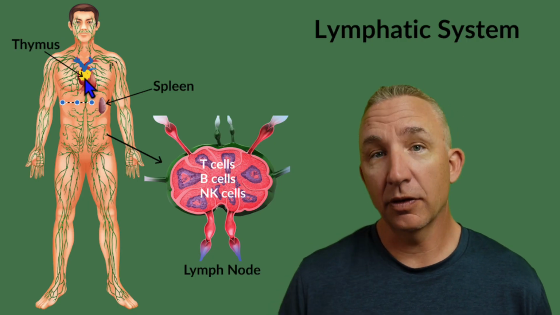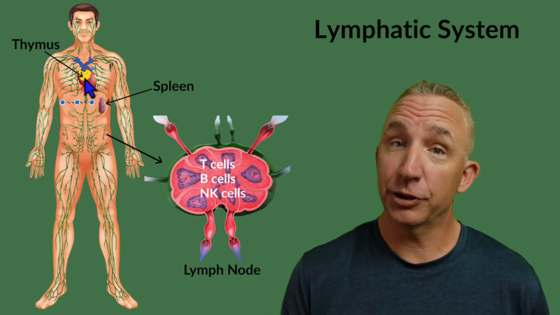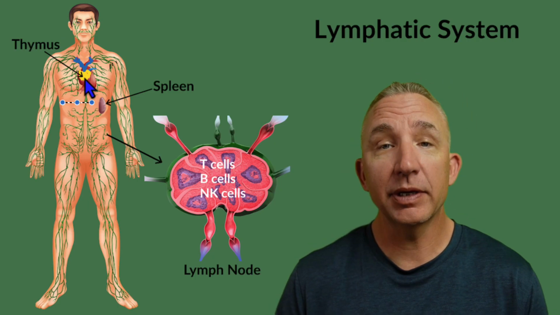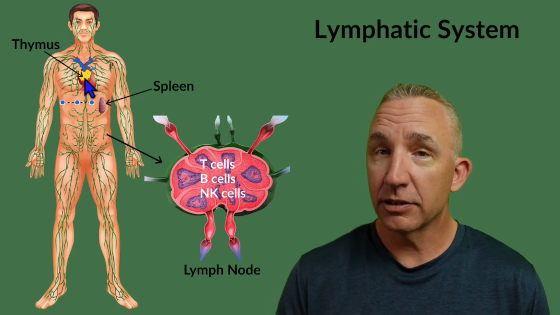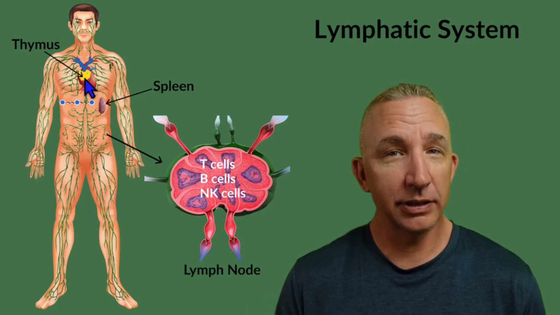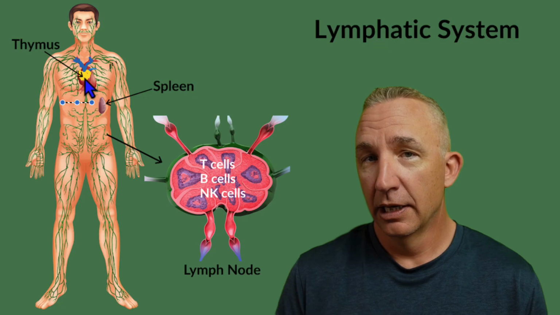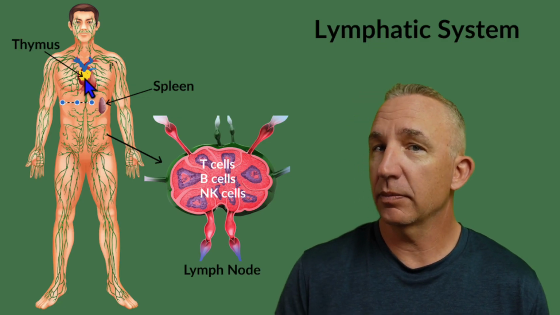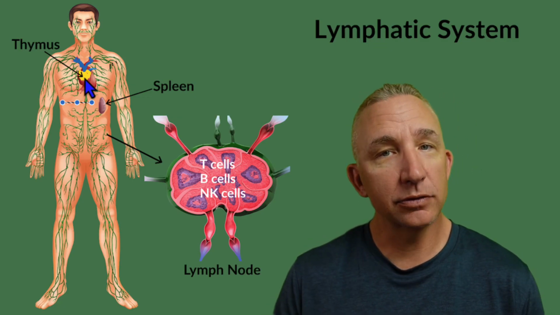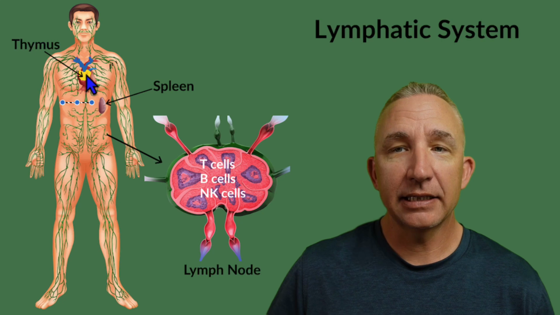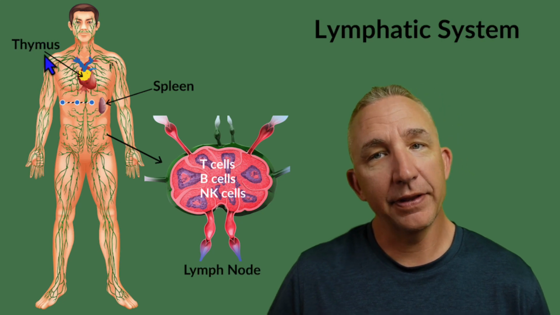Over time, it goes through what we call involution, or shrinkage, because we've developed our immune system. So it becomes less active and turns more into adipose tissue. It can still secrete some T cells, but for the most part, it involutes, or shrinks, over time. And that's directly in front of the heart. So we have the thymus.